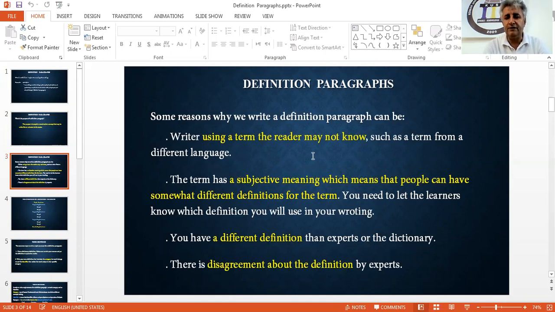Writers often have reasons to define a word. Writers may use a term the reader may not know, so they have to define it and give the reader its definition.